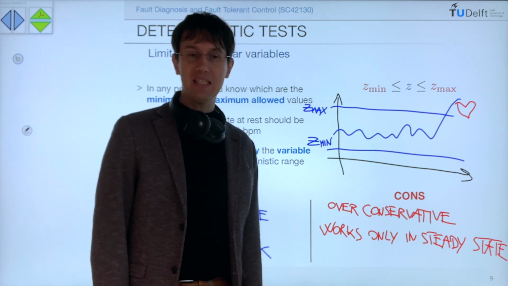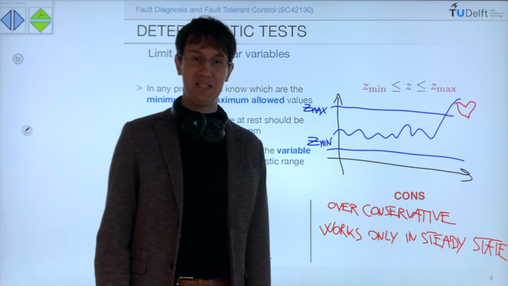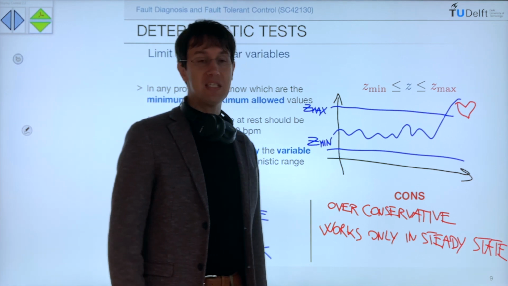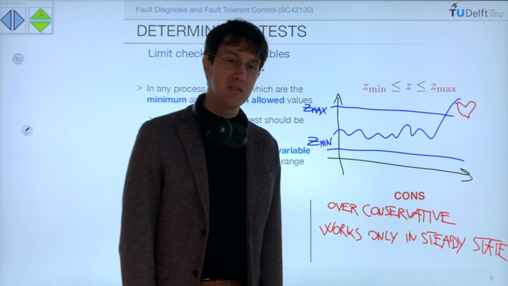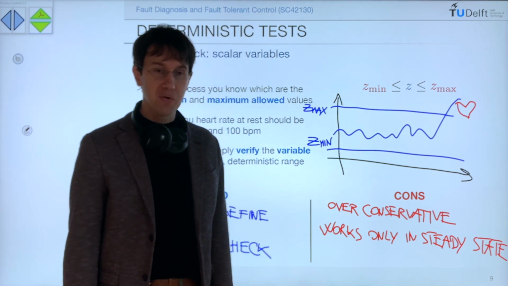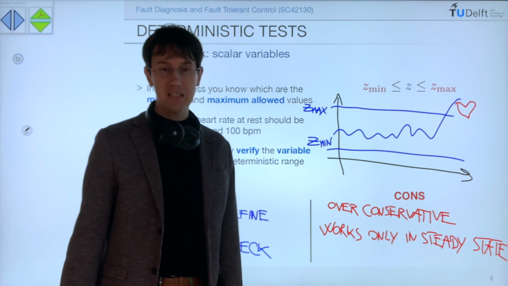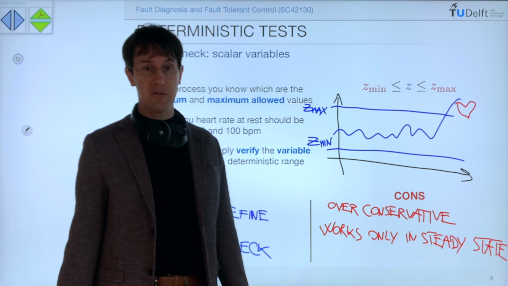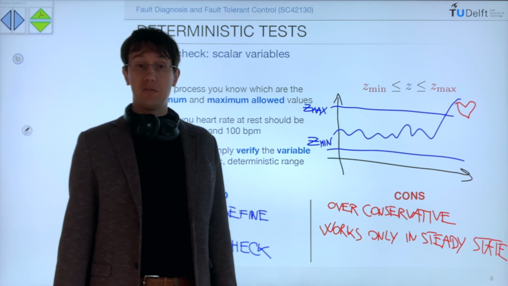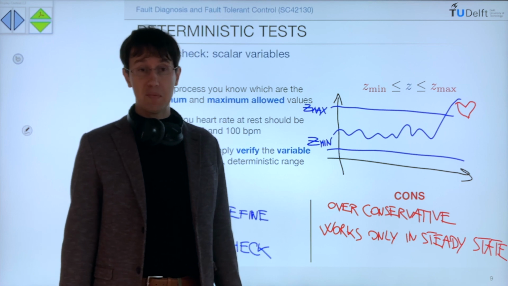There is no way in the limit check approach to encode this, because this information is a sort of model of the system. You have a model of your heart rate, you know that when I start running, this is going to increase. But how is it going to increase? Well, we don't know.